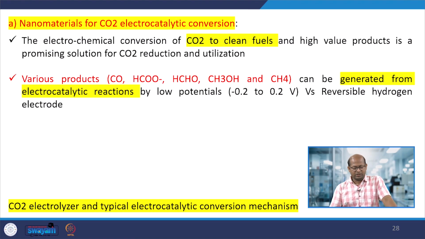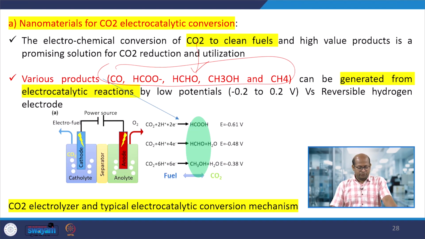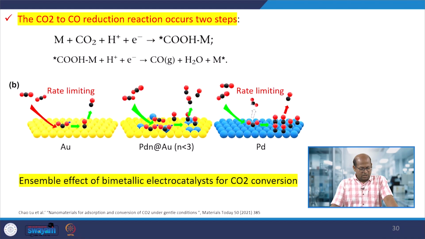So here are electrocatalytic conversions. CO2 can be converted into different valuable products by electrocatalytic conversions, and there we can use nanomaterials useful for these specific conversions, such as formic acid, formaldehyde or methanol formation. I am not going to discuss more details about the different materials.